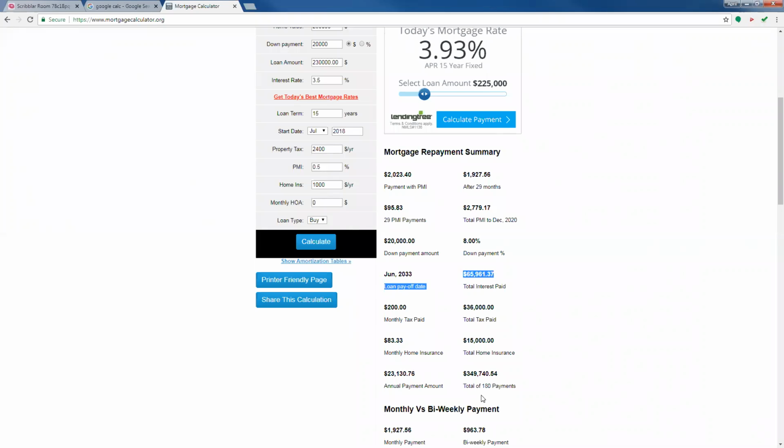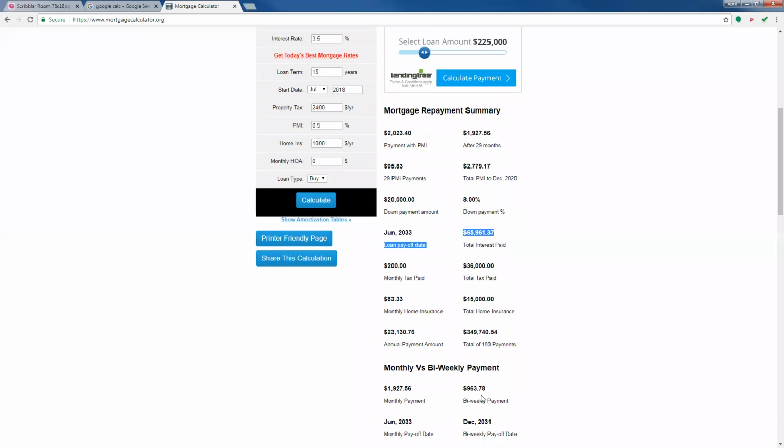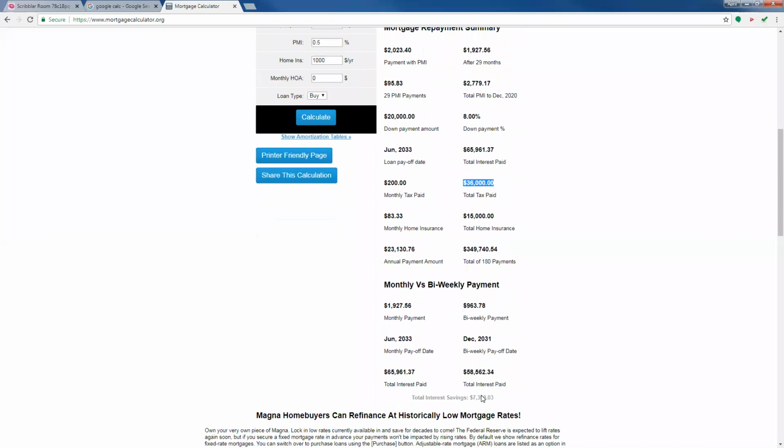Interest is what you pay to the bank. So in order to borrow that much money, the bank is like, well, over that 15 years, you're going to end up paying us almost $66,000. That just goes to them. You never get it back. Total taxes paid. That's estimating how much money you pay to the government to own your house. And then total.